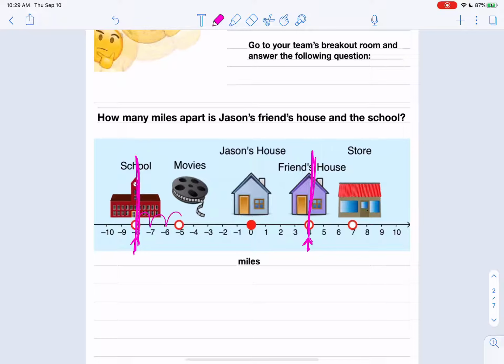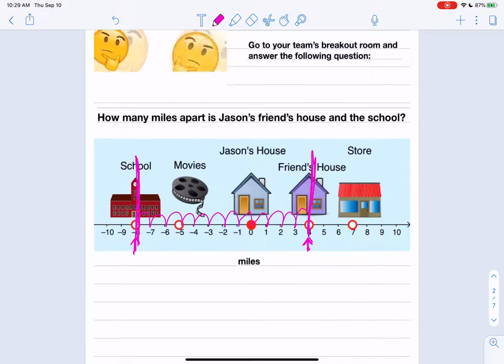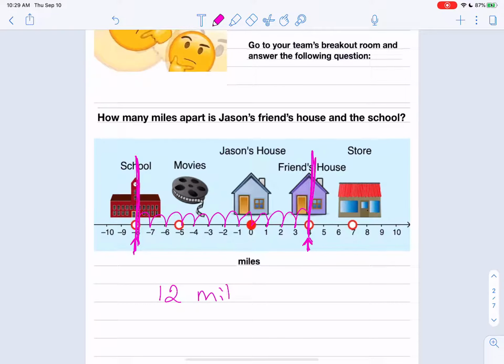So 1, 2, 3, 4, 5, 6, 7, 8, 9, 10, 11, 12. So they're 12 apart. Okay, so that would be 12 miles.